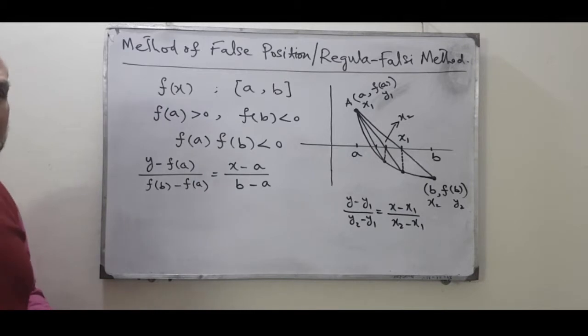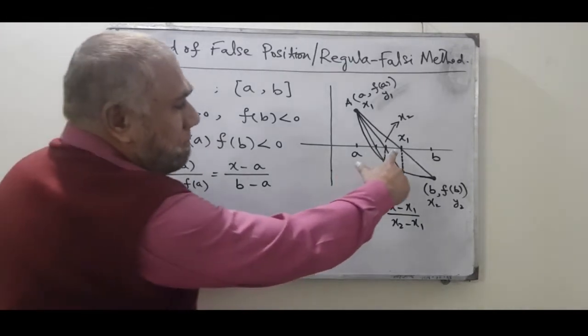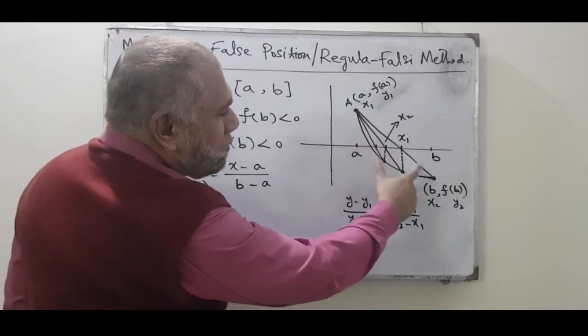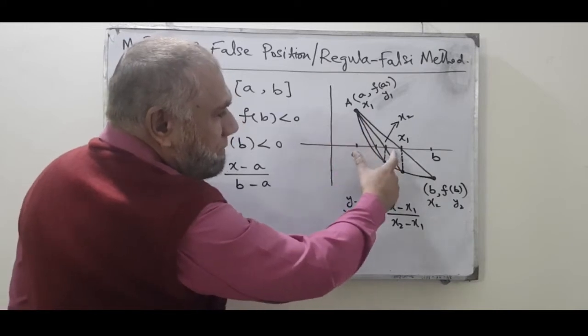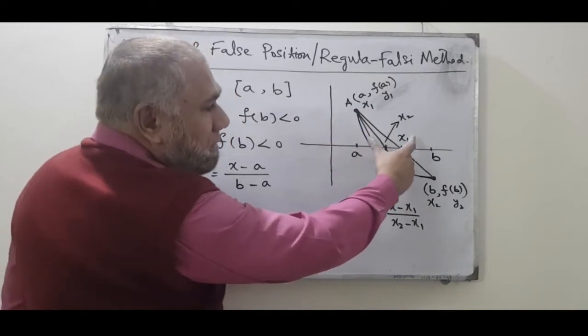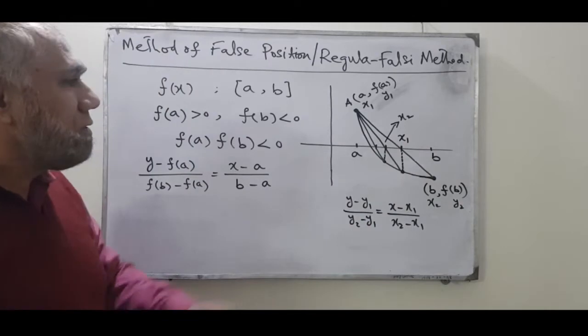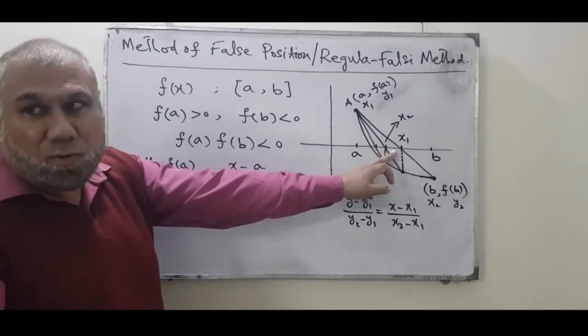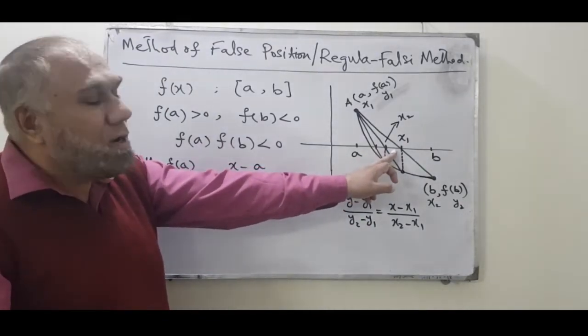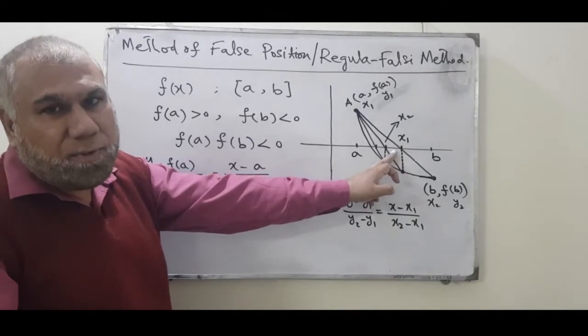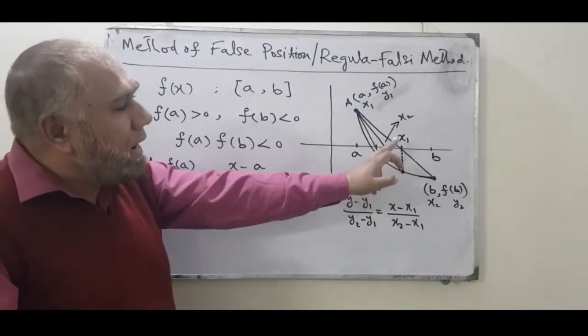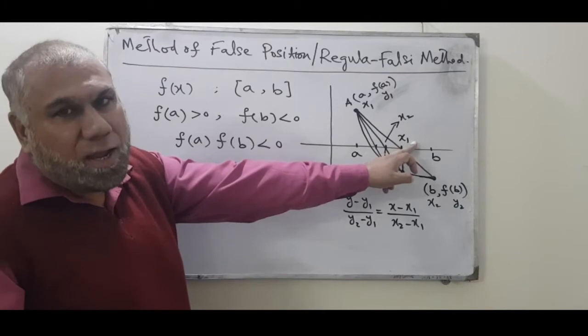Now, look at the point where this line joining A and B meets the x-axis, at the location x1. At that location, the y coordinate of the straight line will be 0, and the x coordinate will be x1.